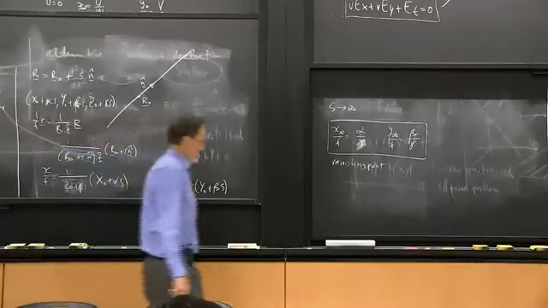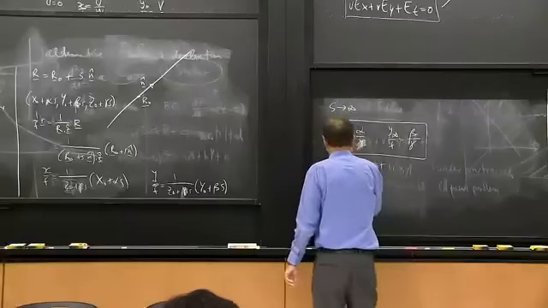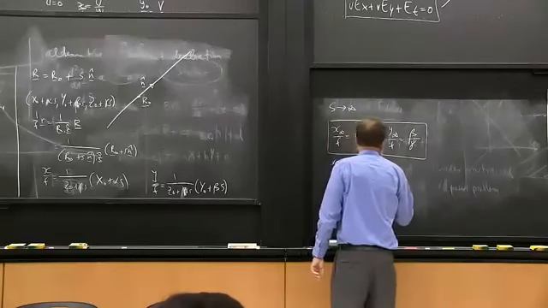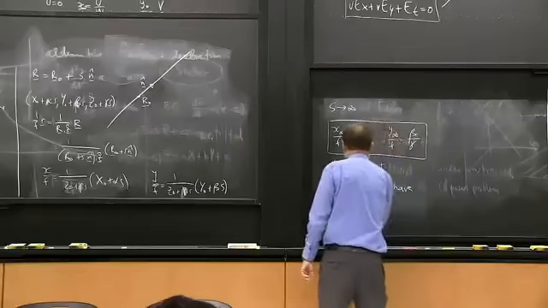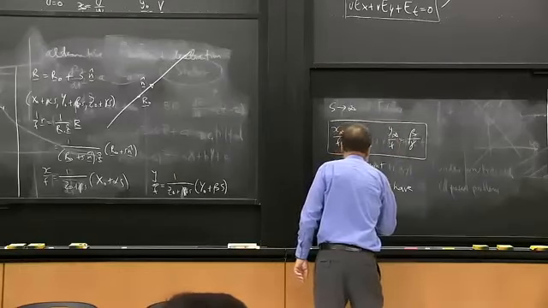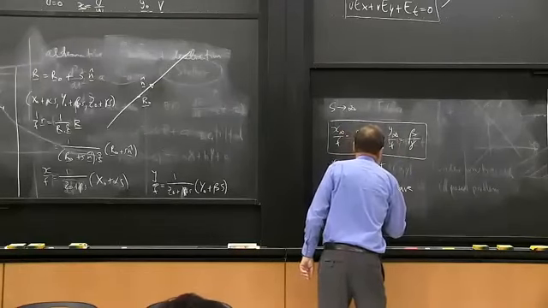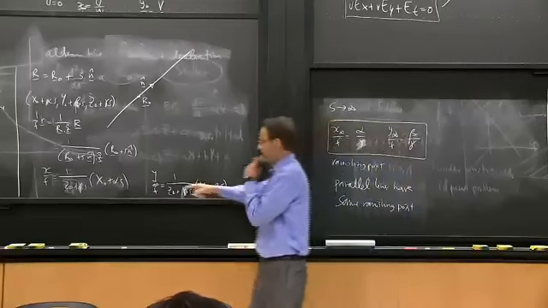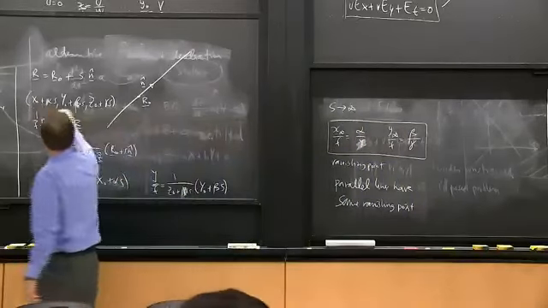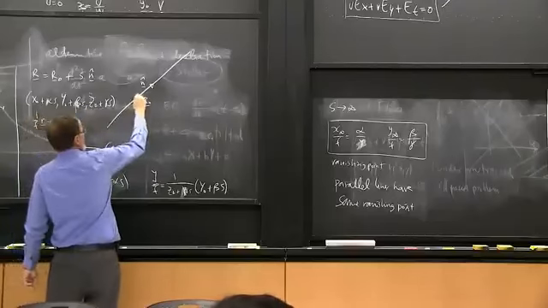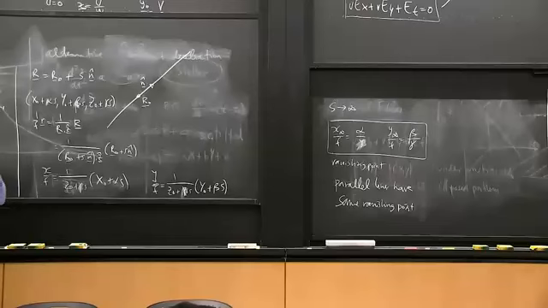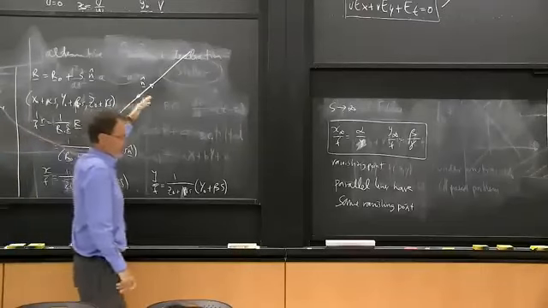Okay, now one thing that we should immediately recognize is that parallel lines have the same vanishing point, right? Because the offsets x naught, y naught, z naught, the origin of our line there, don't come into this equation. It's only the direction that matters.